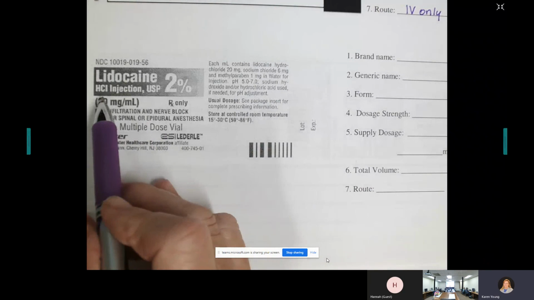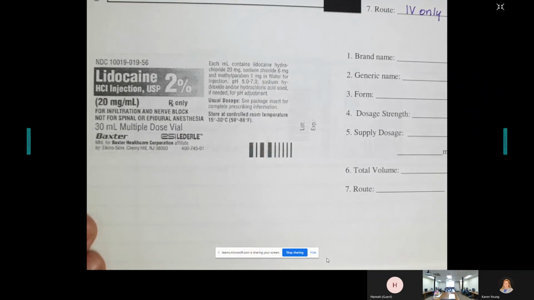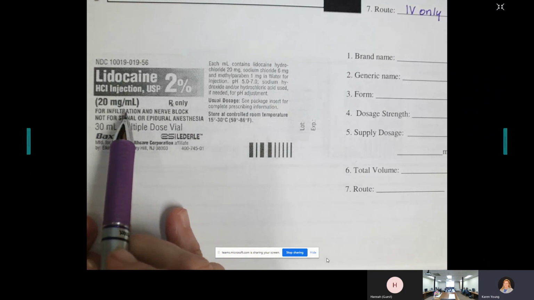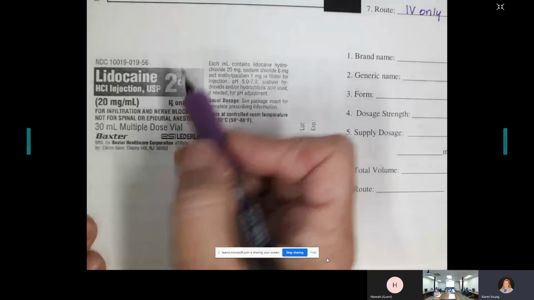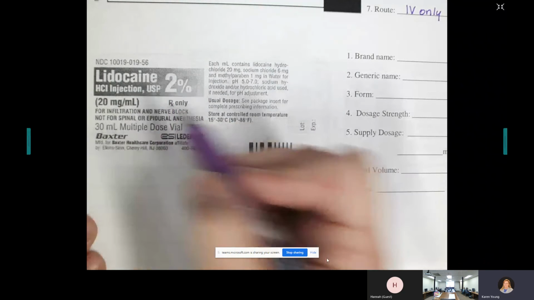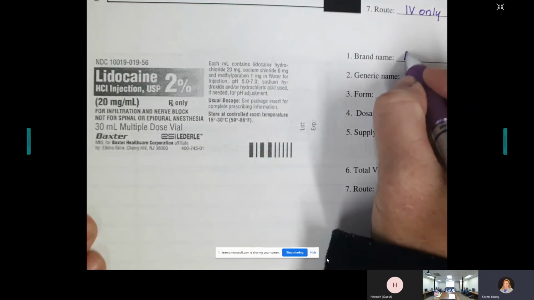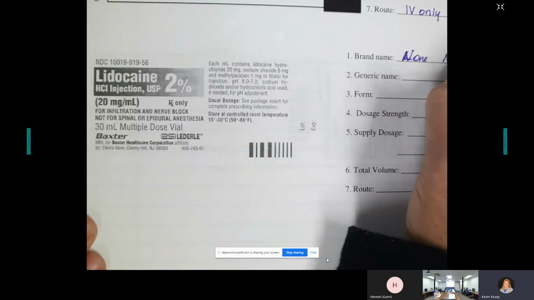So this is lidocaine, HCl, which is hydrochloride, injection, USP 2%, which is 20 milligrams per milliliter. So do I have a brand name on this one? No. Lidocaine doesn't have the little R for the trademark symbol, or there's not two given names. So our trademark or brand name is none, or you could put NA.